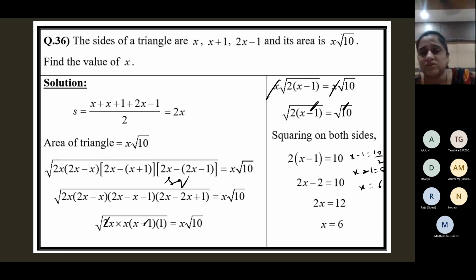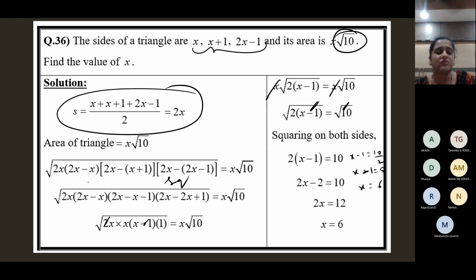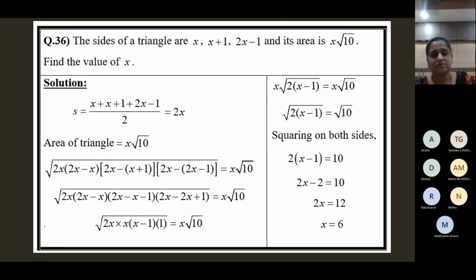Since the area is given, children, and the sides are given, we have to proceed using Heron's formula, for which we have to find s. So that's what we found here. Find s, and then the area of the triangle is given to be x root 10. Now use the formula, is equal to x root 10, and then it's just simplification. You will have to square on both the sides to get rid of the square root symbol, which you can do at any step.